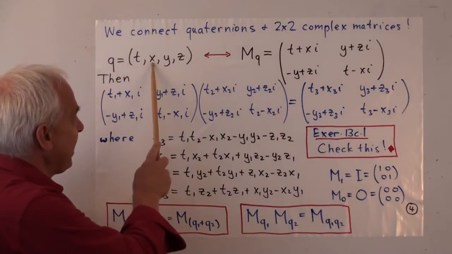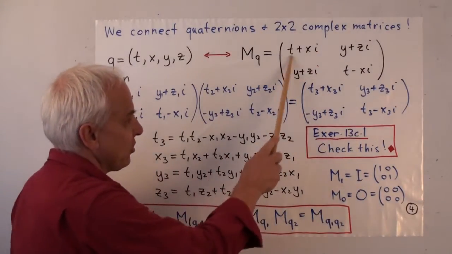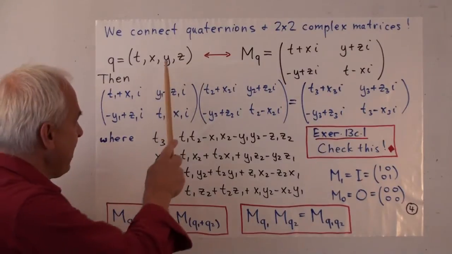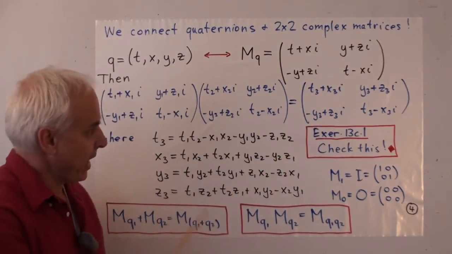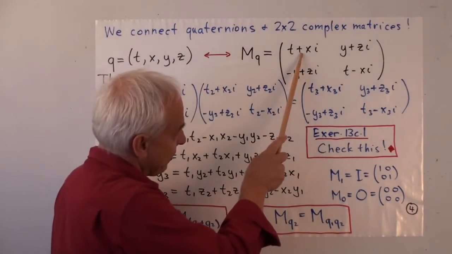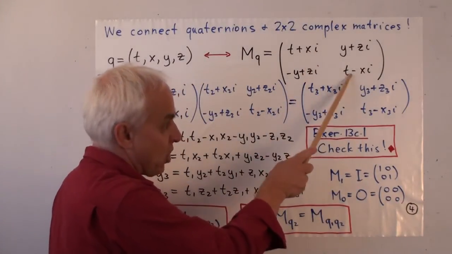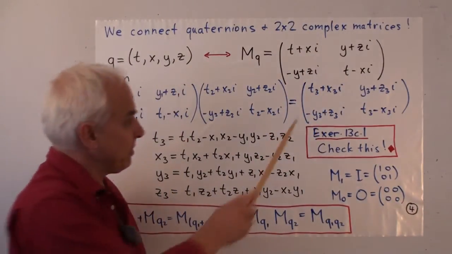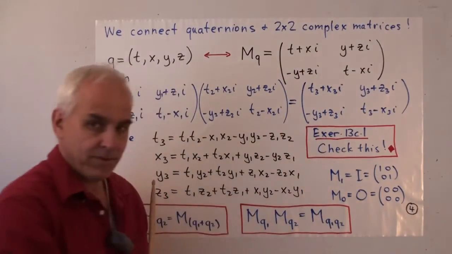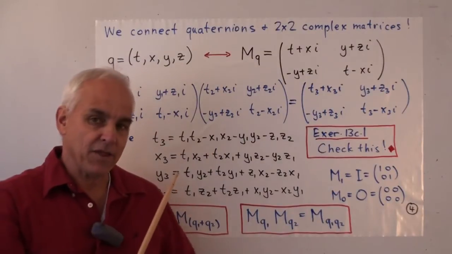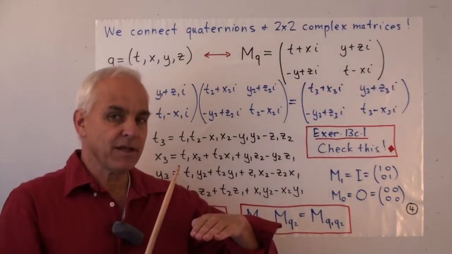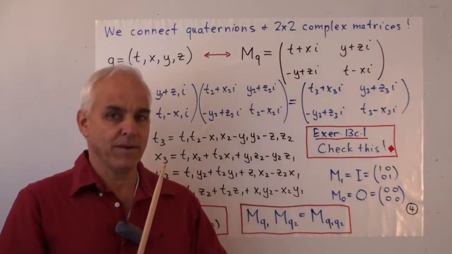So the t and the x here, the first two entries, give us this term here, t plus xi. And then the next two entries give us y plus zi over here. And the way to remember it is that when we go from here to here, we're just taking the complex conjugate, which replaces this x with a minus x. And when we go from here to here, we're taking the complex conjugate times minus 1.